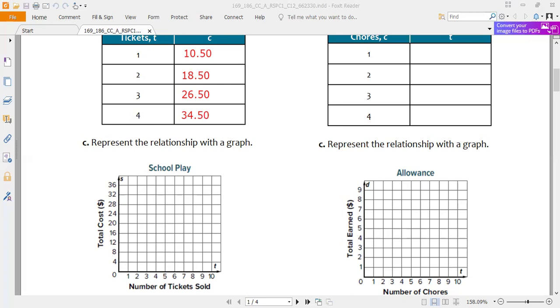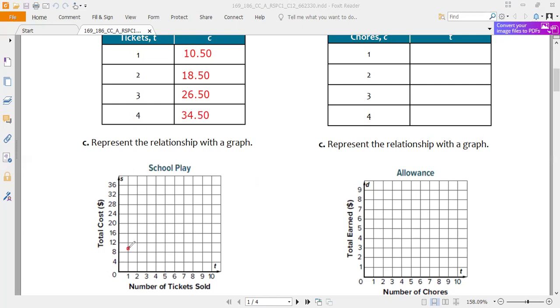So for the first ticket, if T is 1, you can see this axis is T, the number of tickets. If we have one ticket, the cost is 10.50. This is number 8, and then this is number 12. Between 8 and 12 we have 10.50.